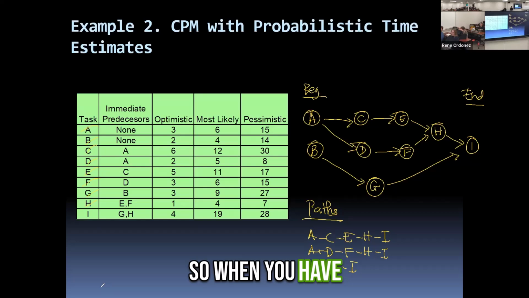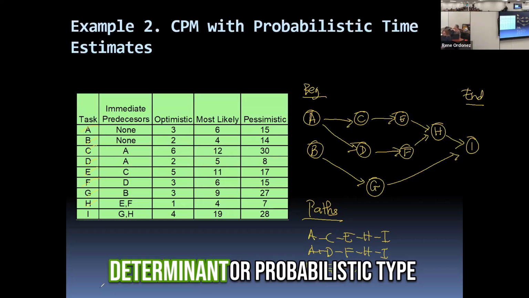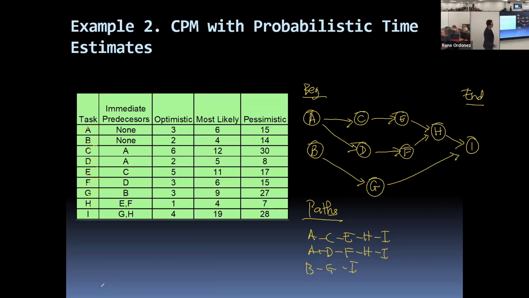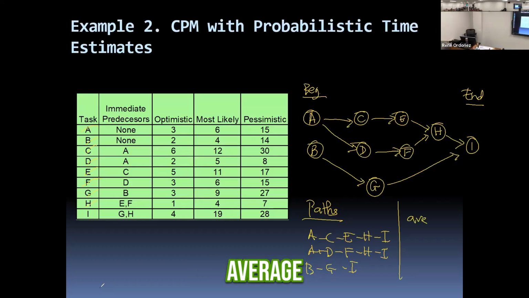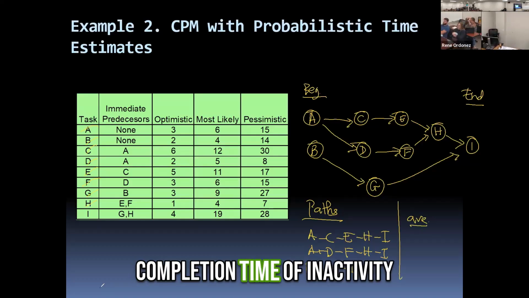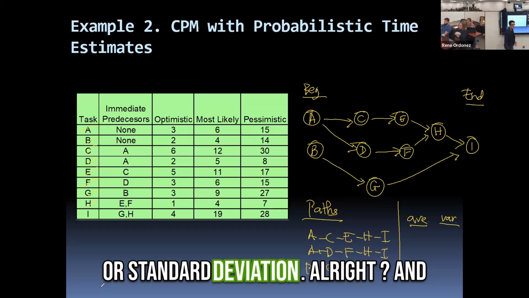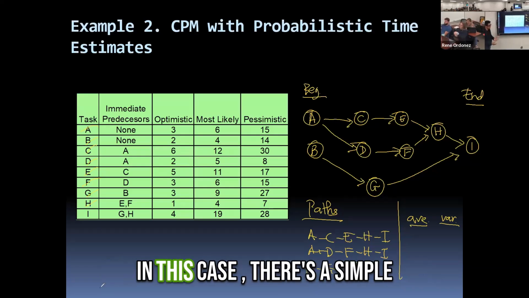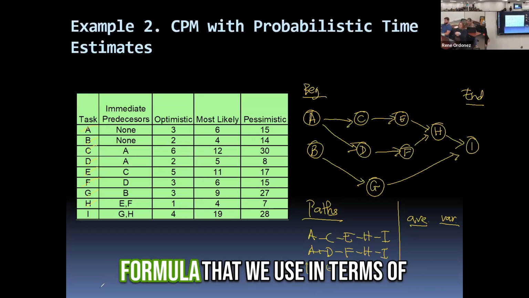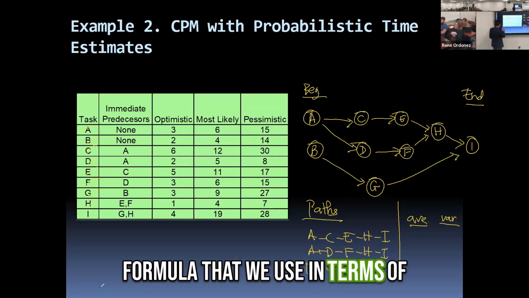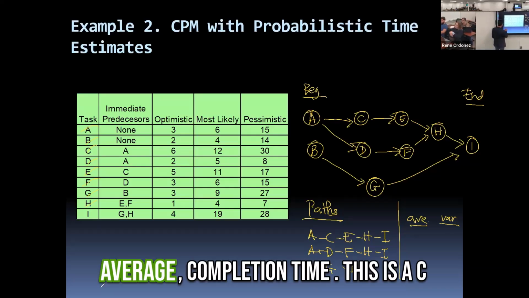So when you have probabilistic time, we will compute average completion time of an activity as well as variance or standard deviation. In this case, there's a simple formula that we use for computing average completion time.